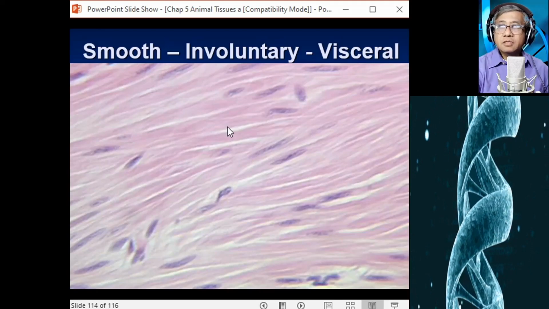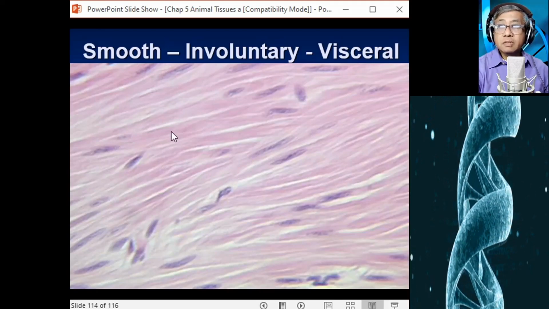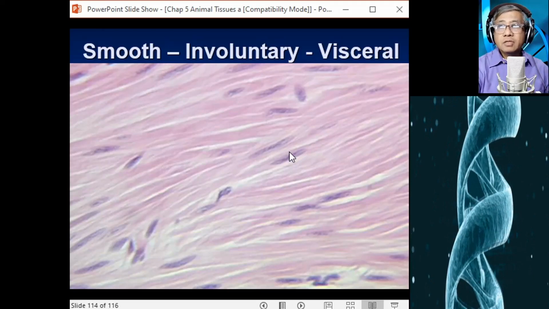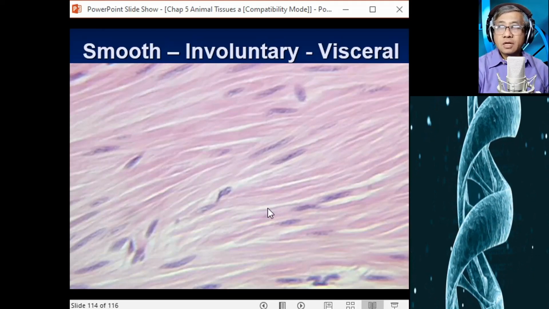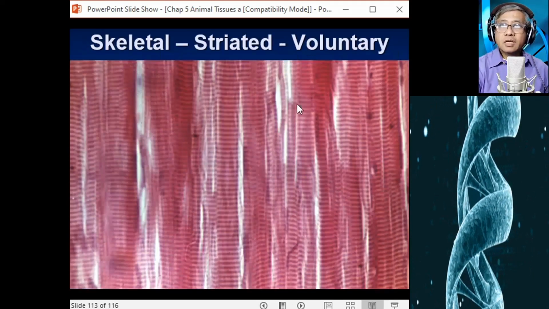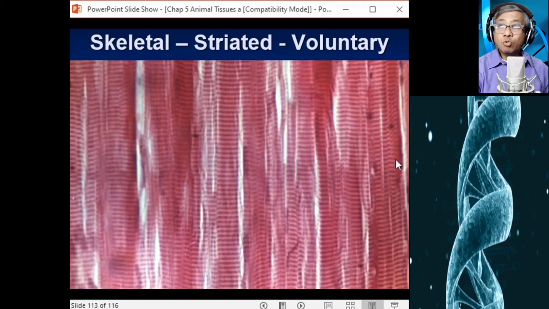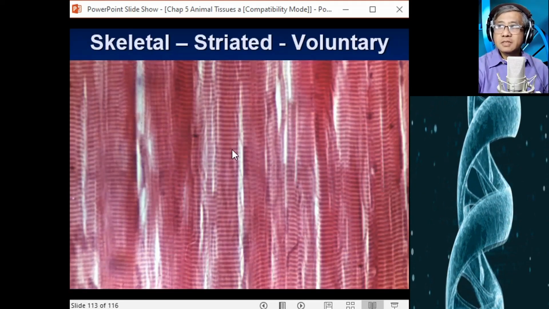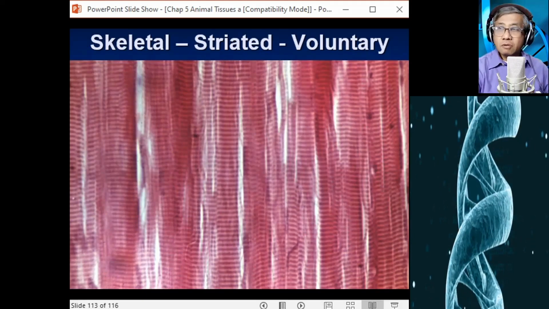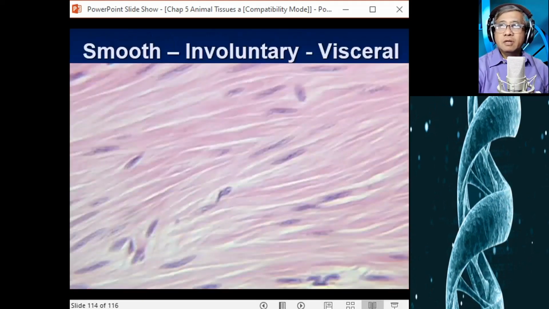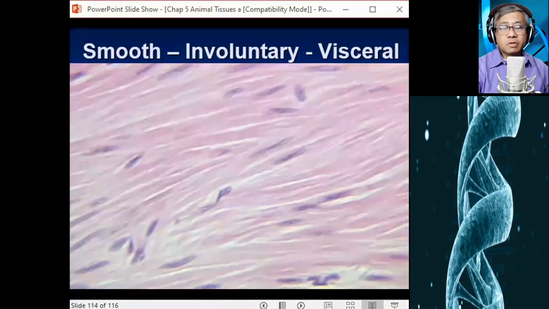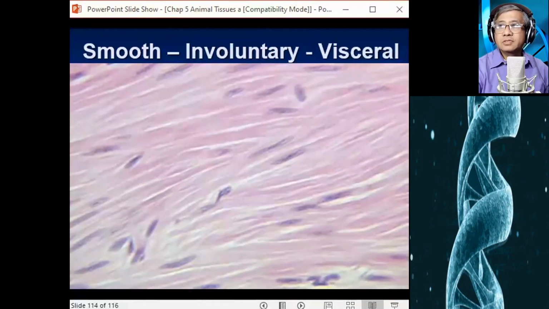This smooth muscle is composed of spindle-shaped cells with a central nucleus. By the way, I forgot. For skeletal, the cells are multinucleated. The cells are multinucleated and they are long. For smooth muscle, the cells are spindle-shaped with a central nucleus.